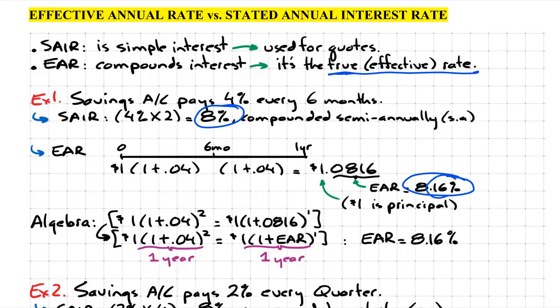Where did this extra 0.16 come from? The compounding. You could see it right here. You're earning 4% in the second 6 month period on the 4 cents you earned in the first 6 month period. And actually, 0.04 times 0.04, that's your 0.16 right there.